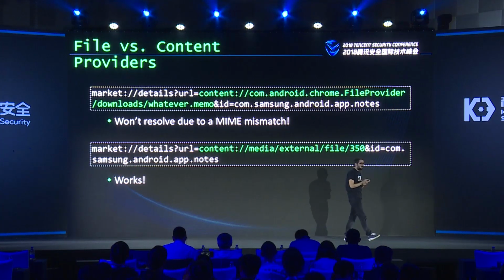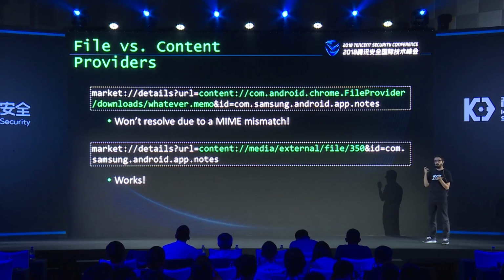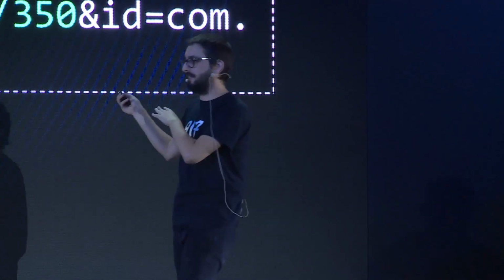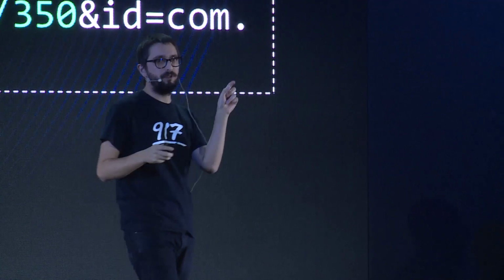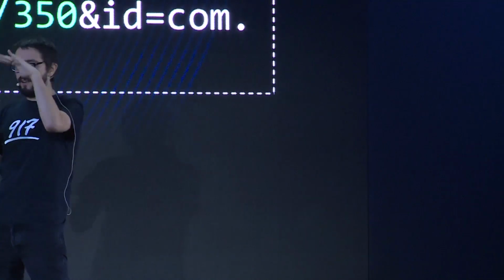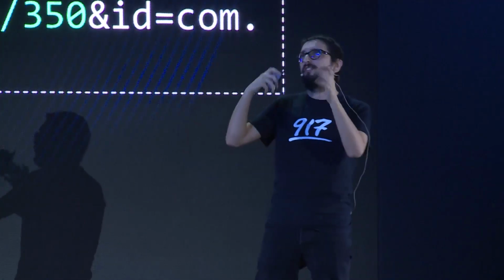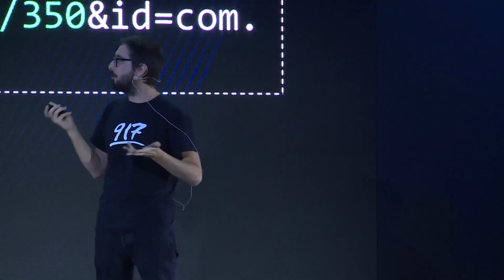Now, unfortunately, file providers are a bit tricky because the file provider won't store MIME type information related to this file. What the file provider will do is look up the file extension, see if it is a well-known extension, and then deduce the MIME type if it's a well-known one.